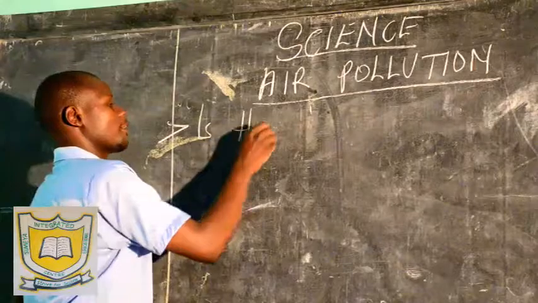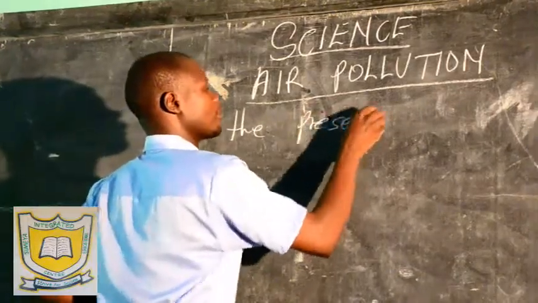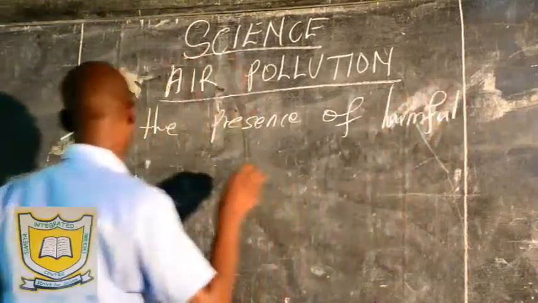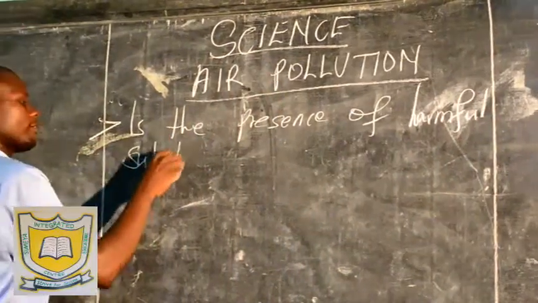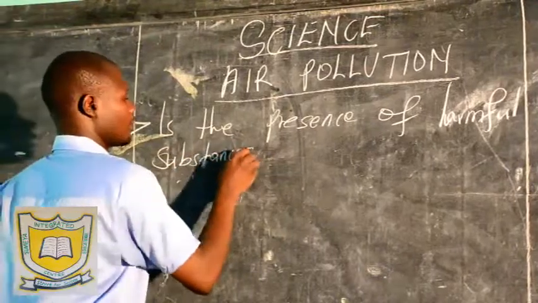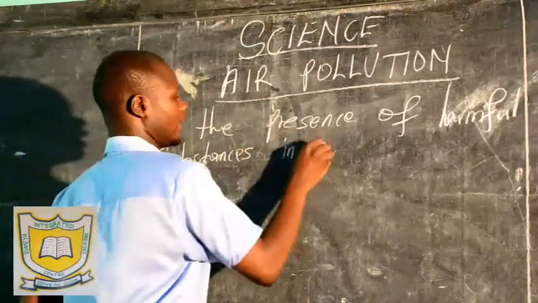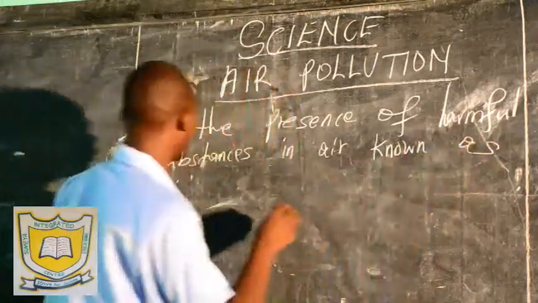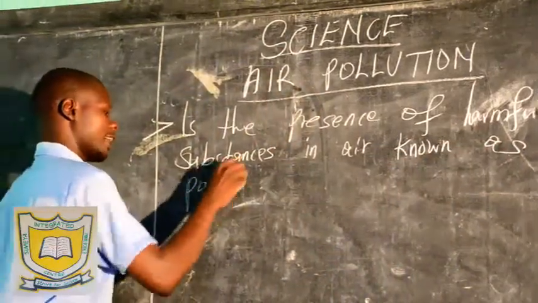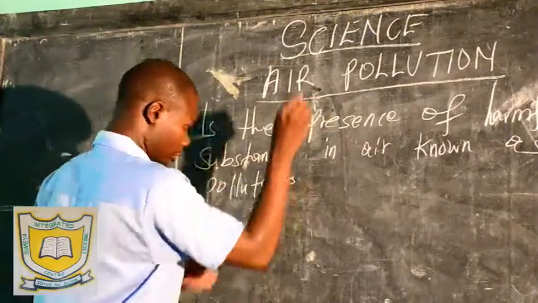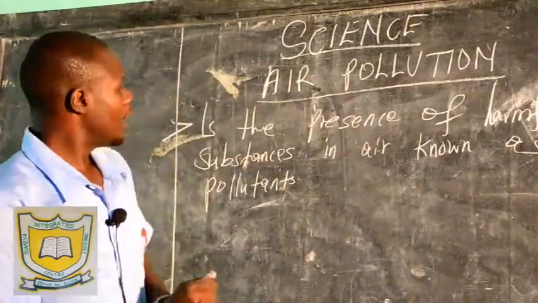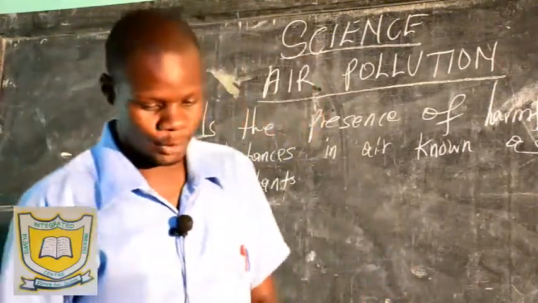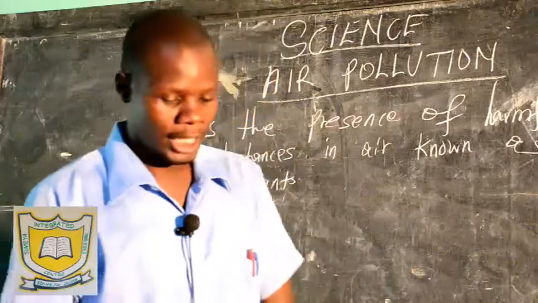Is the presence of harmful substances in air known as pollutants. Presence of harmful substances in the air known as pollutants. That is the meaning of air pollution.